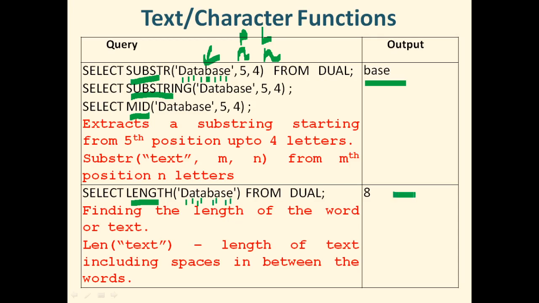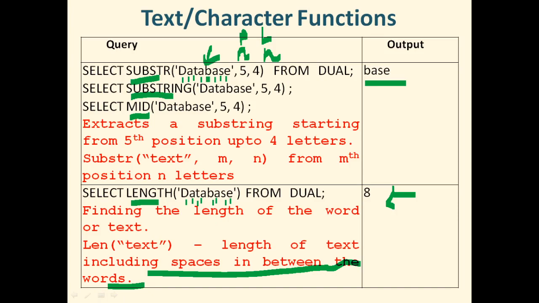So the length of this particular argument is 8. There is another length function. I want to tell one very important thing: the length function counts the length of the argument including the spaces in between the words given in the parameter. So we will see the example here.